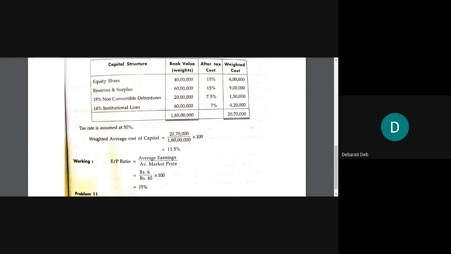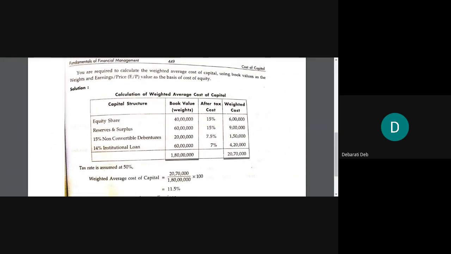What was the formula out there? Tell me. What is the formula for calculating cost of equity share?